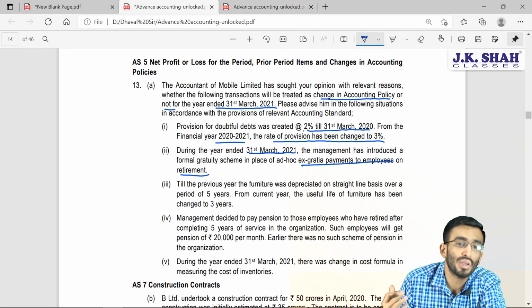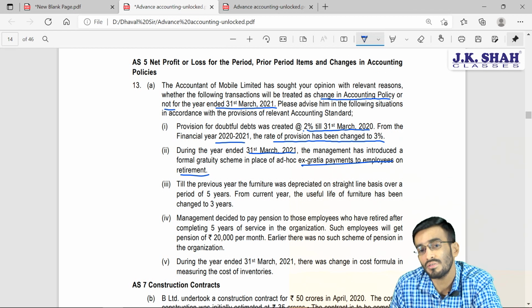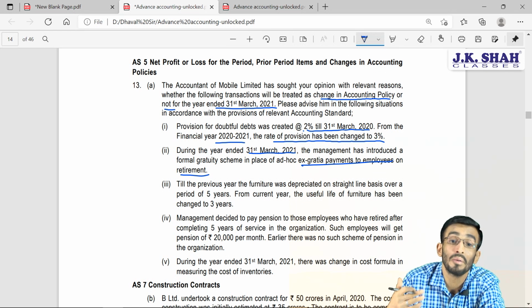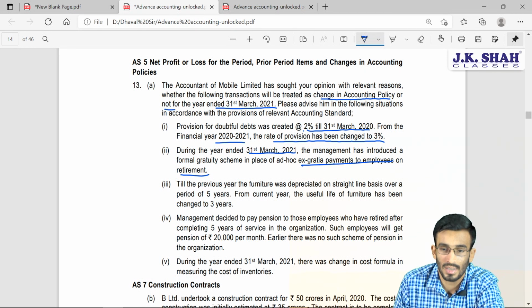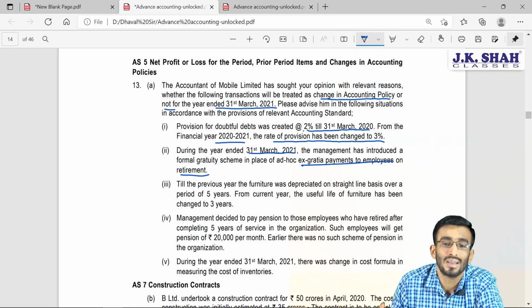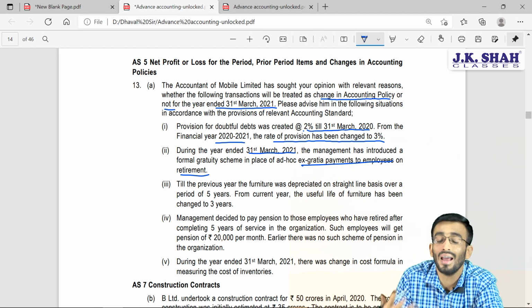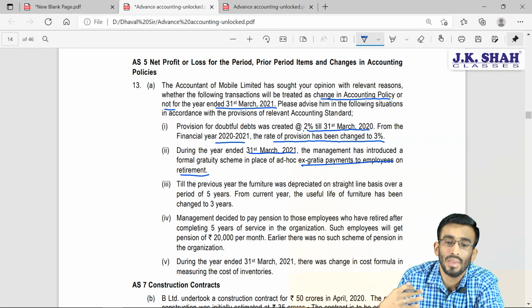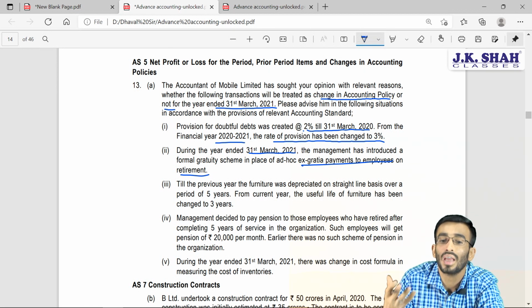Now if we are going for a gratuity scheme, dear students, we have to start creating provision also. So altogether we need a new accounting policy. So basically this cannot be considered as a change in accounting policy, because here we are making a new accounting policy for a new type of transaction.